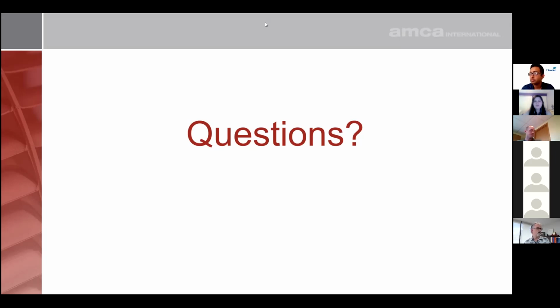Right, thank you. Another question from the chat. Can you comment on the efficiency of different fan capacity control methods? So there are multiple methods to control the capacity of the fan. Probably today the most efficient is through a VFD control, that is through varying the speed of the fan.